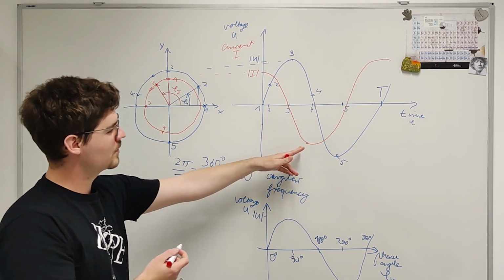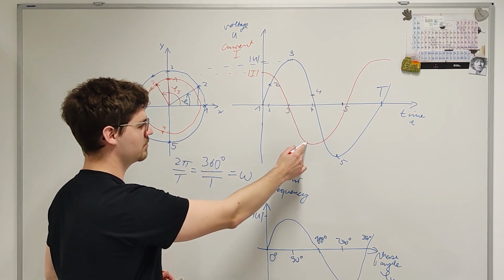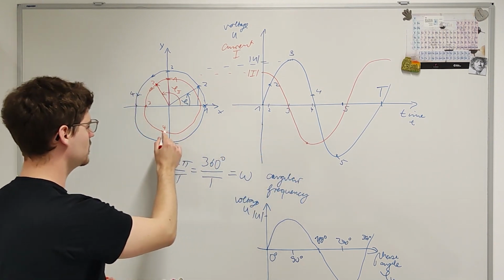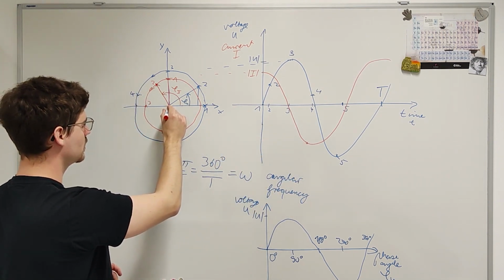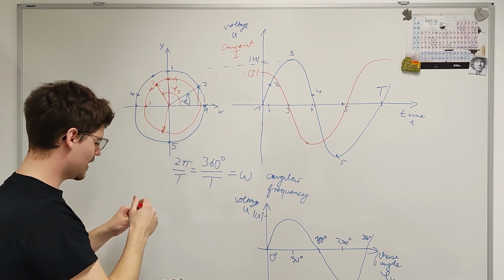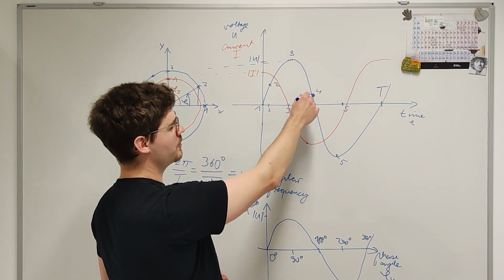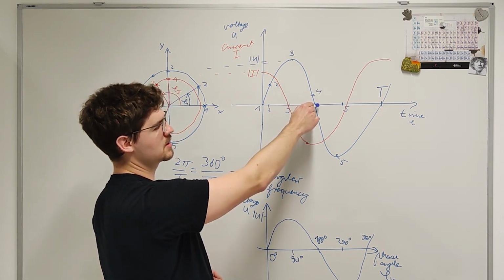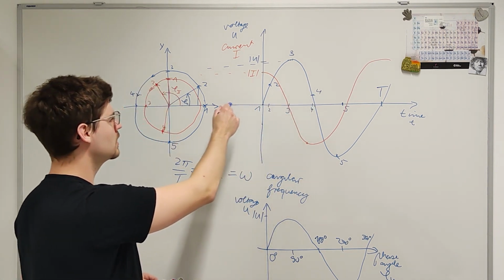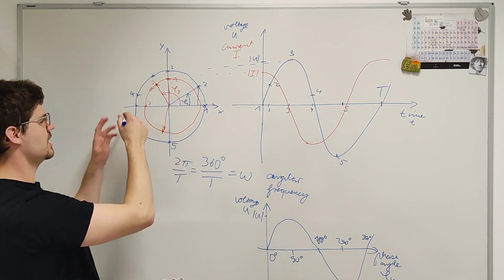For point 4, we are over here. We have projected this current at this point here. And for the voltage, where we end up is here, just before it intersects 0. So we find this point here.